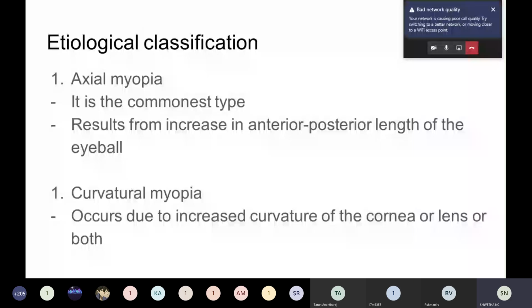In those conditions we see curvatural myopia. Remember, it is seen in some diseases like keratoconus or lenticonus.